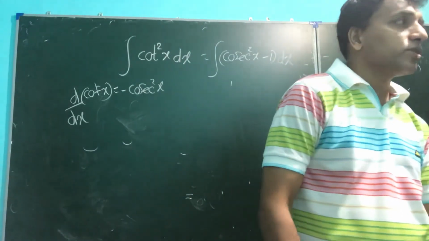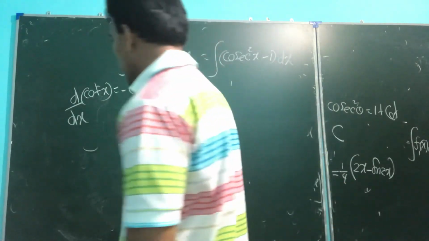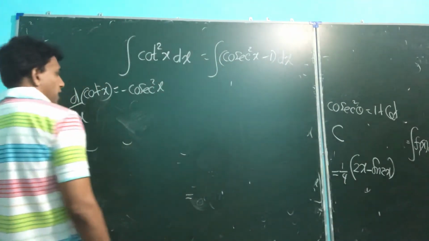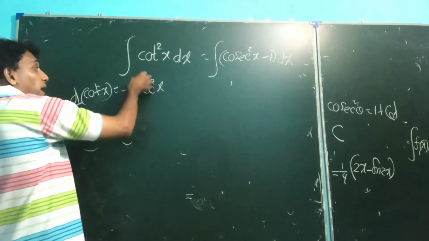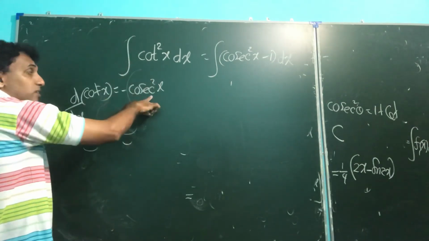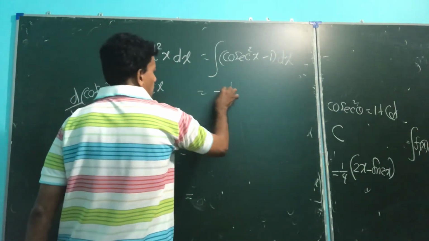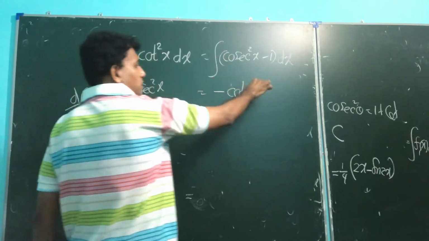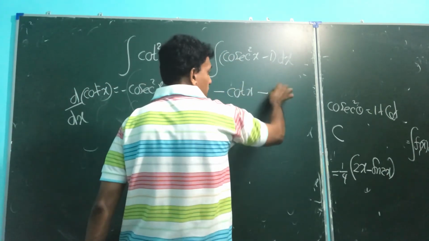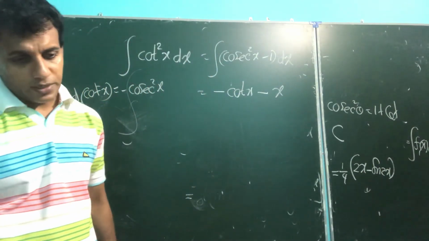Sin, cos, tan are used most of the time, so when this comes suddenly, many students make mistakes in questions. The differentiation of cot x is minus cosec square. Therefore, the integration of cosec square is minus cot x. So minus cot x, and the integration of 1 is x. That's the answer.